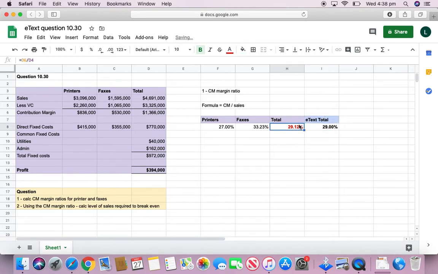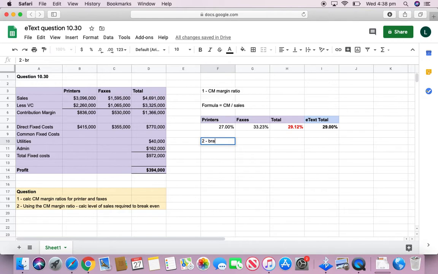So it really just depends. Your answers are going to change based on whether you have the decimal places or you don't. That's very important for part 2. So we're done. That's question 1, the contribution margin ratio. Cool, move on to the next one.